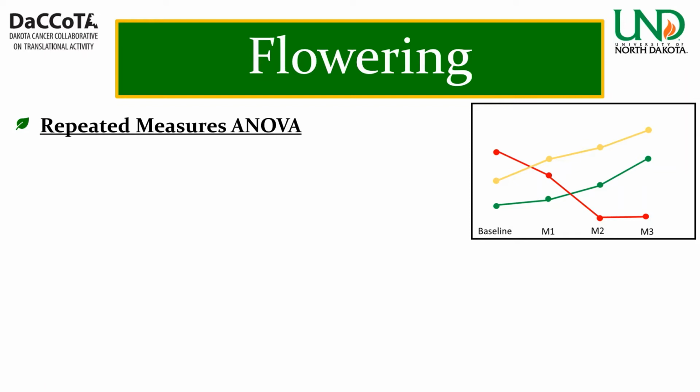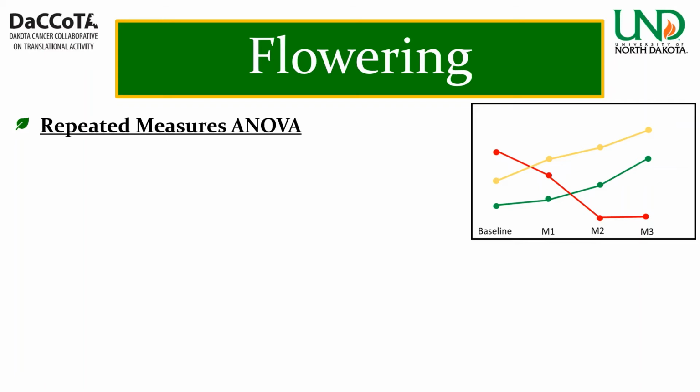So that's going to test if group red is different from group yellow and group green. On the other hand, within factors test if they're different across times, across repeats. Say, is there a difference between baseline, time 1, time 2, and time 3? And of course, you can have the interaction as well, looking at both time and groups.